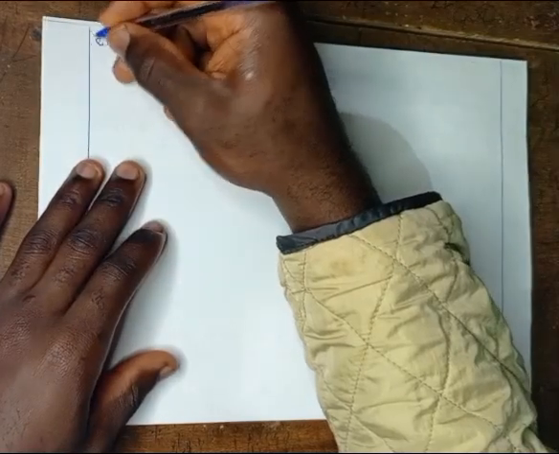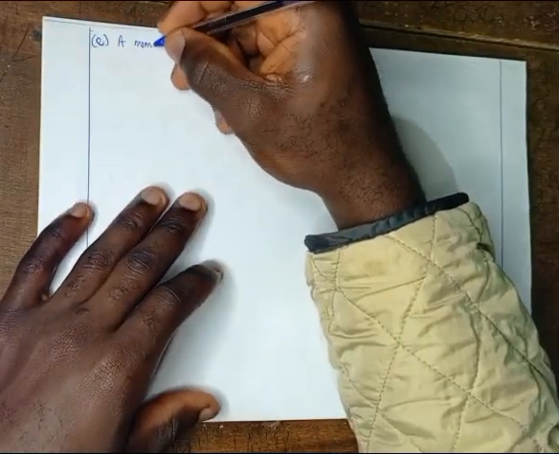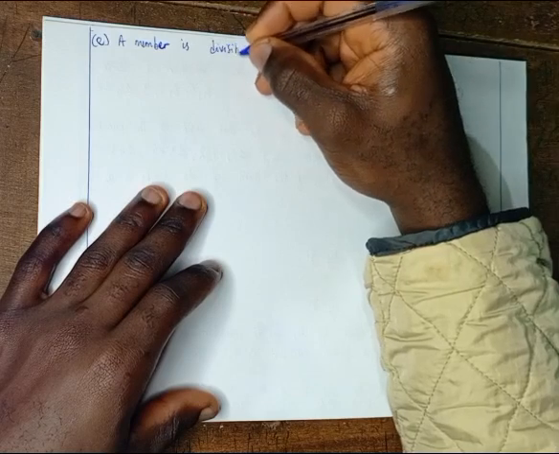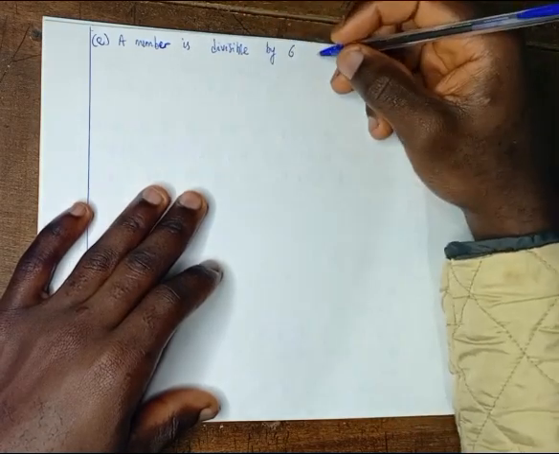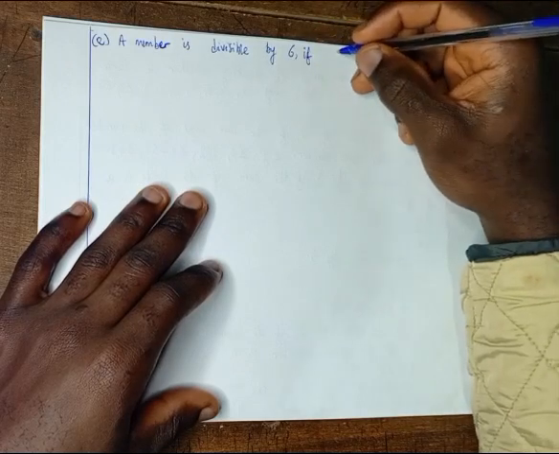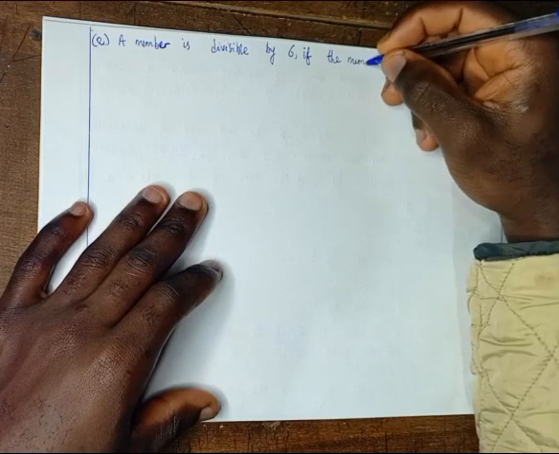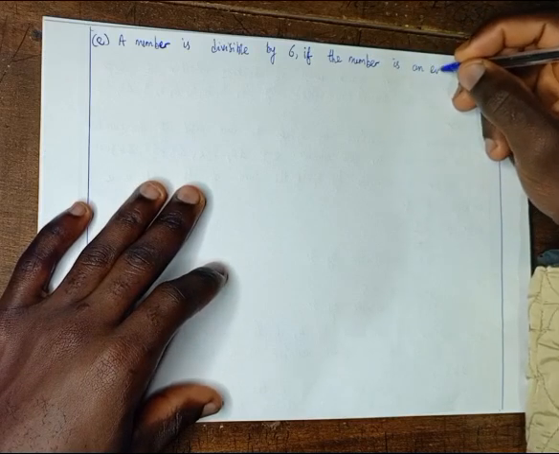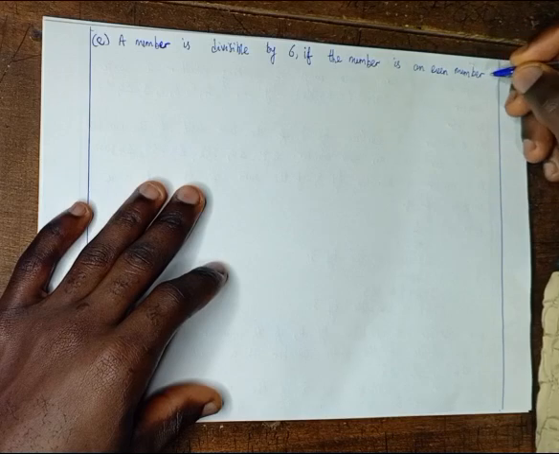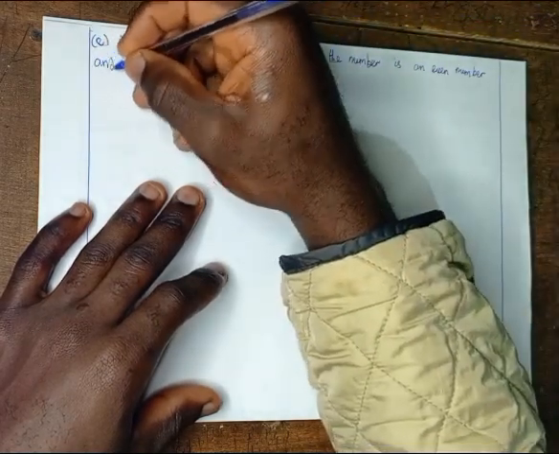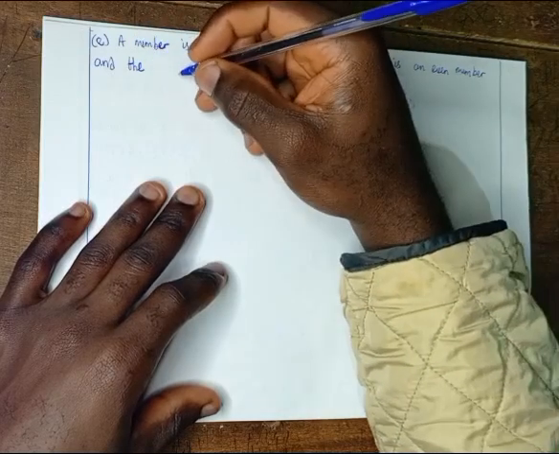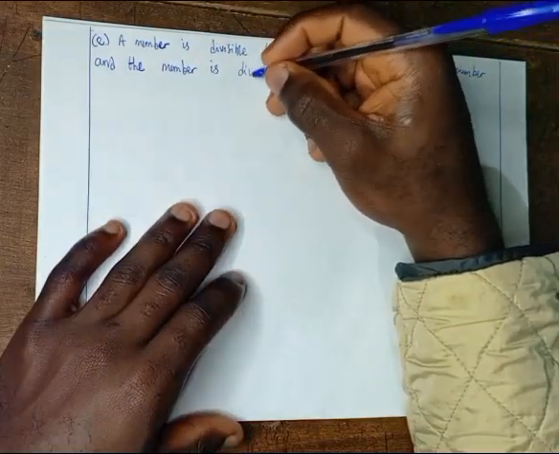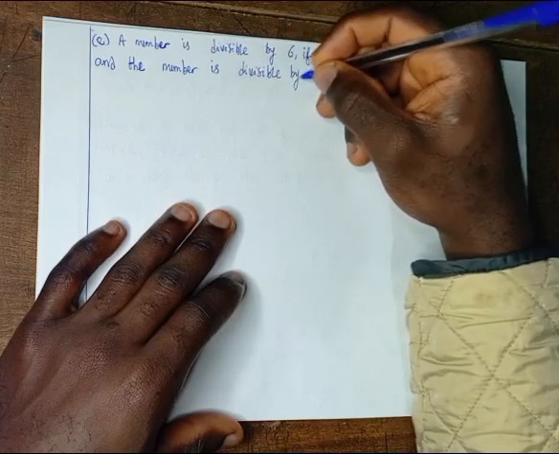We go now to E. A number is divisible by 6 if the number is an even number, that means the number is divisible by 2, and the number is divisible by 3.